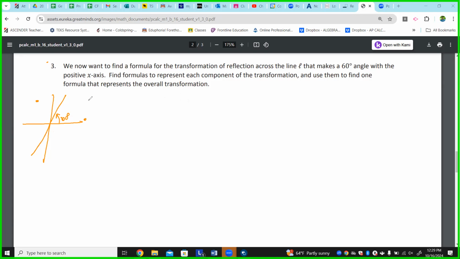So to start off, just like before, if this point is located here, if this is 60 degrees counterclockwise, the first thing I'm going to want to do is go 60 degrees counterclockwise. So it's going to be the exact same process, right? So I'm going to do the work here. And then on the other side, I'm going to develop an equation that works for all. Okay. So for us, I need to produce a rotation around the origin at negative 60 degrees.